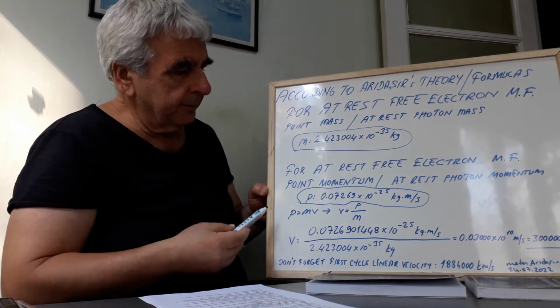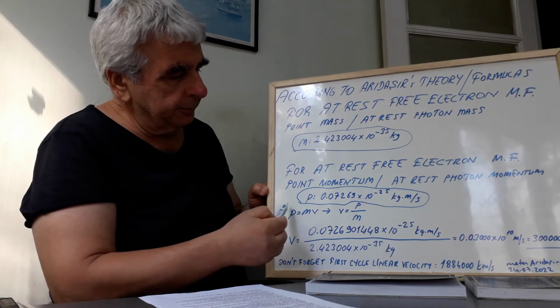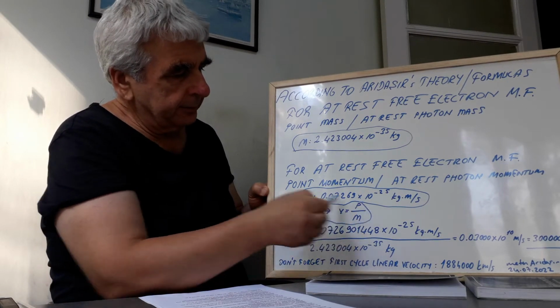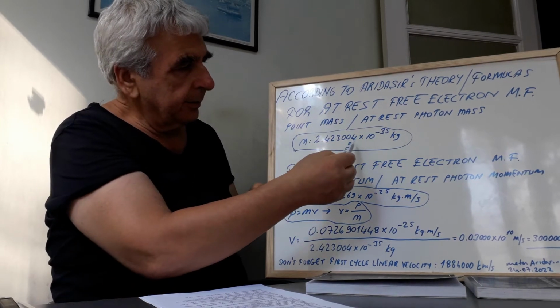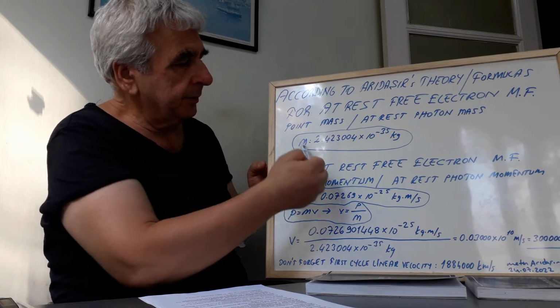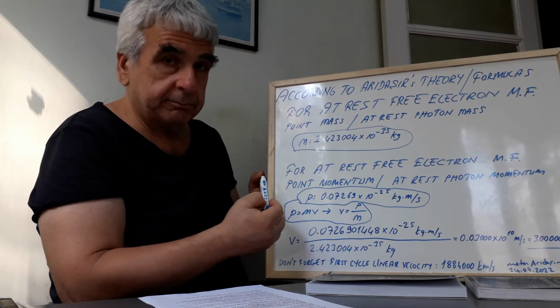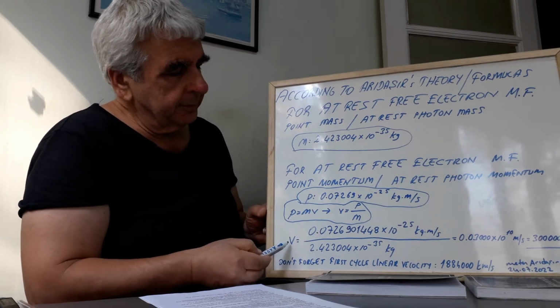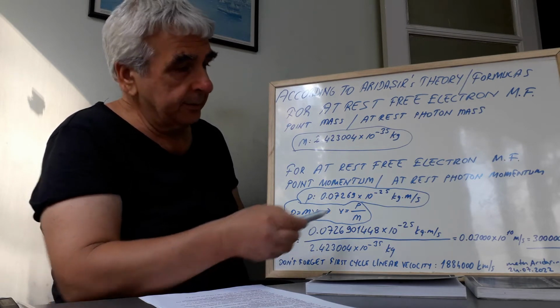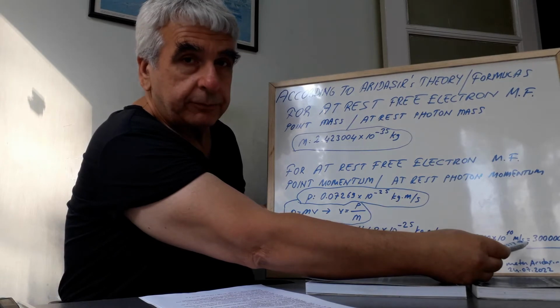Then, when I put these figures, mass and momentum, into the formula that I have found, velocity is the speed of light.